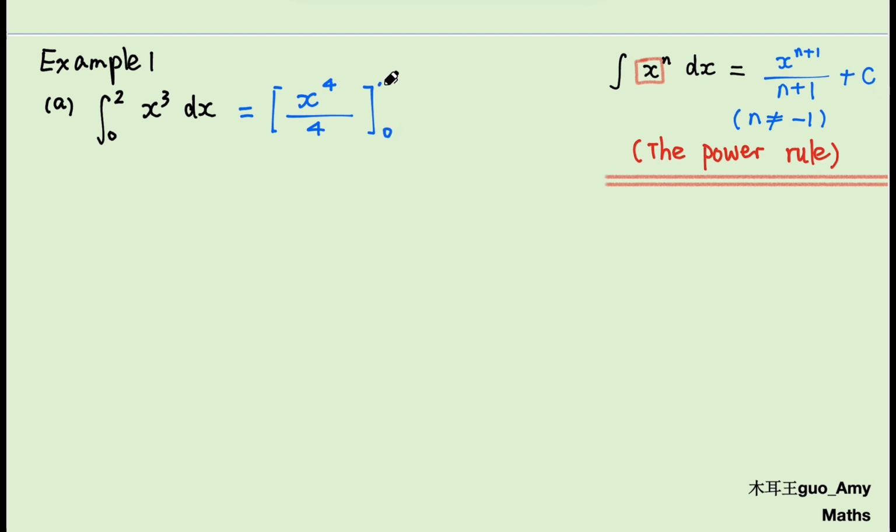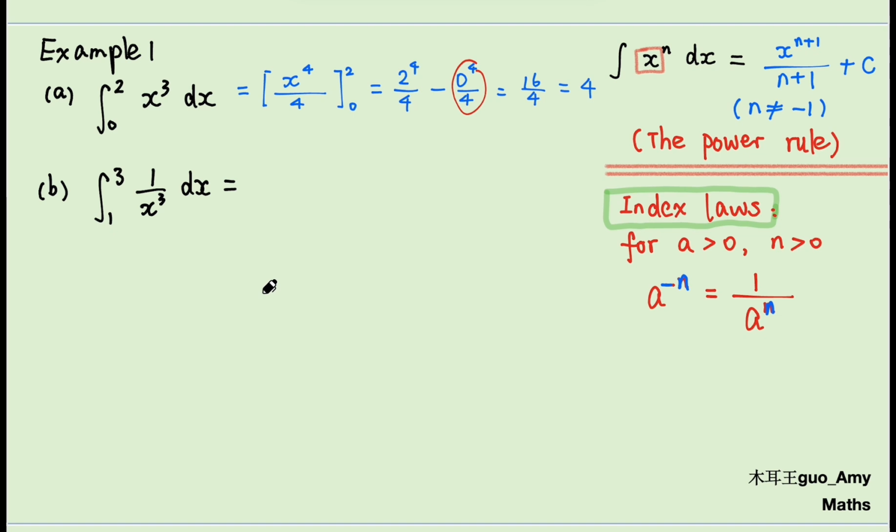Then we are going to record the lower limit and upper limit. After that, substitute the values into the function. We will have 2 to the power 4 over 4 minus 0 to the power 4 over 4, and this part is equal to 0 directly. Then the final answer will be 16 over 4, which is 4.